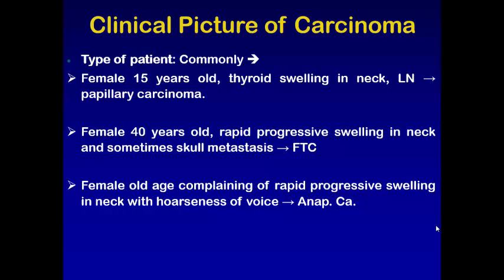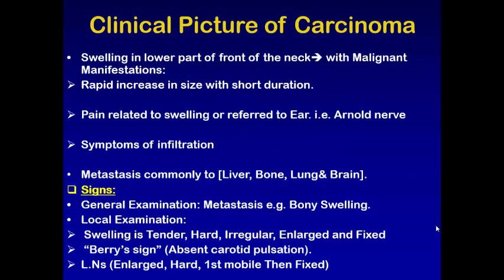While in follicular thyroid carcinoma, a female around 40 years of age with rapidly progressive swelling in the neck, at some time with skull metastasis. While in anaplastic carcinoma, commonly an old-age female complaining of rapidly progressive swelling in the neck with hoarseness of voice.